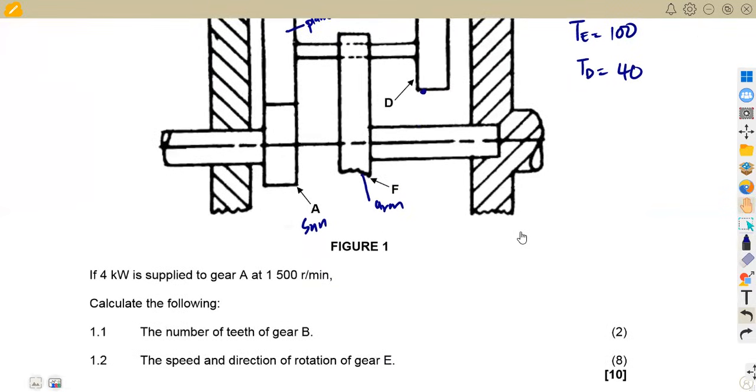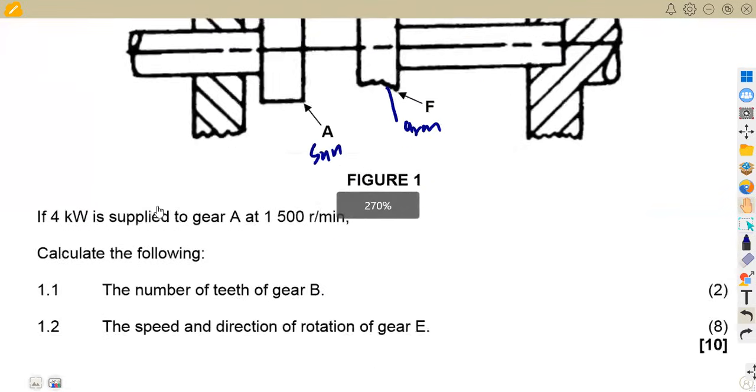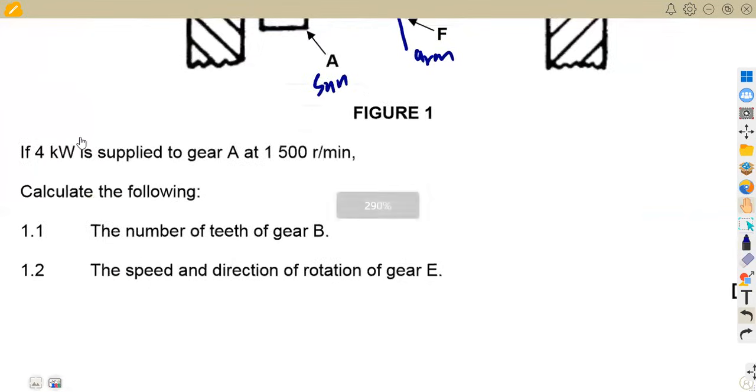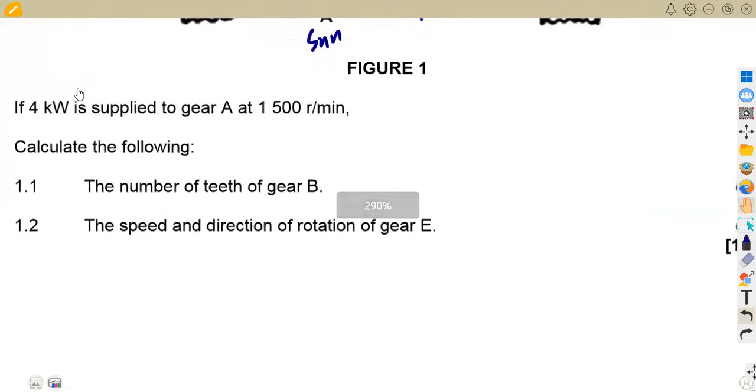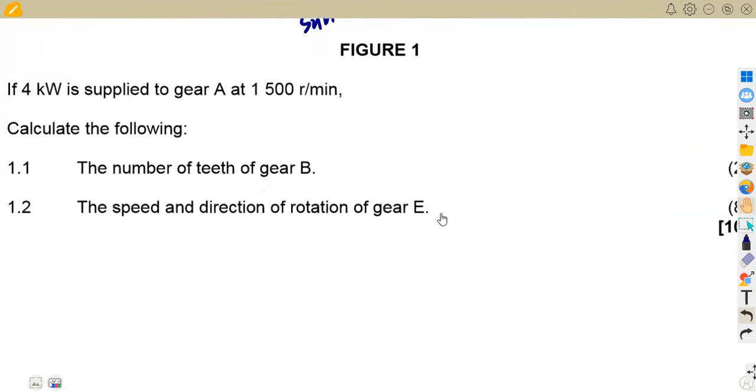The question is: if 4 kilowatts is supplied to gear A at a speed of 1,500 revs per minute.